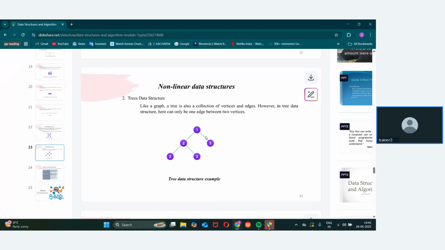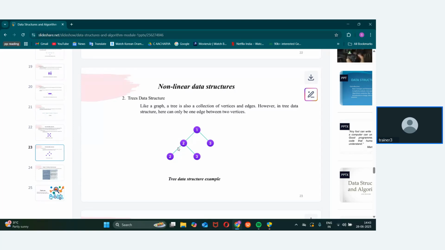However, in tree data structure, there can be only one edge between two vertices, or two nodes. Take the example of these two nodes.